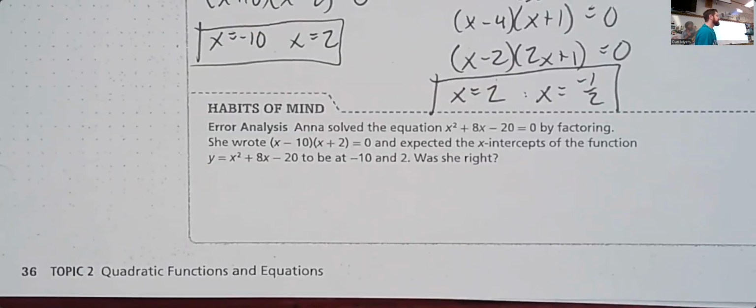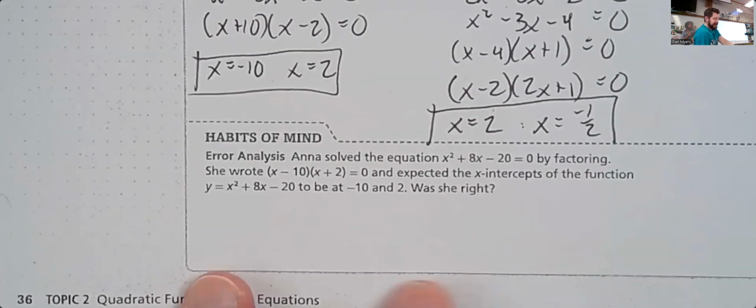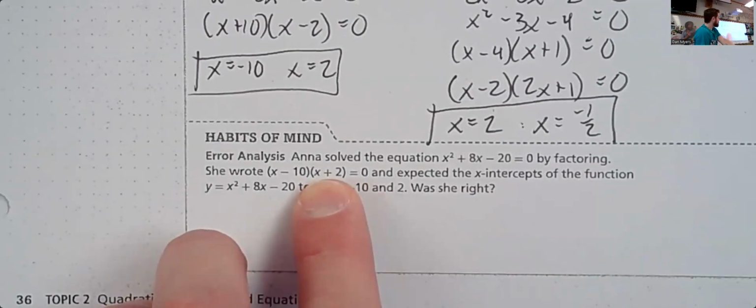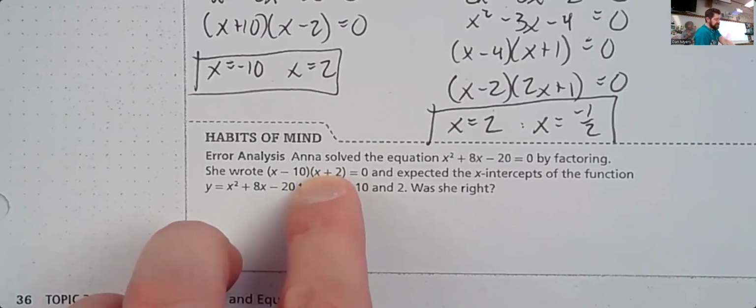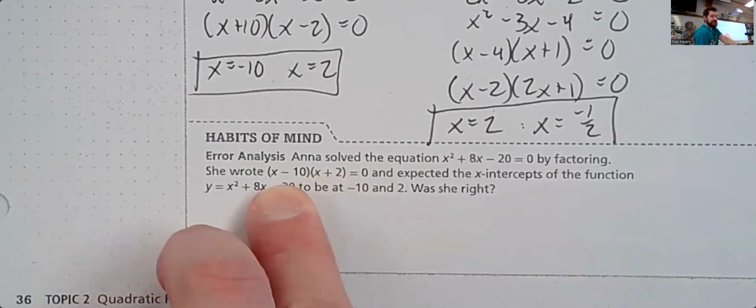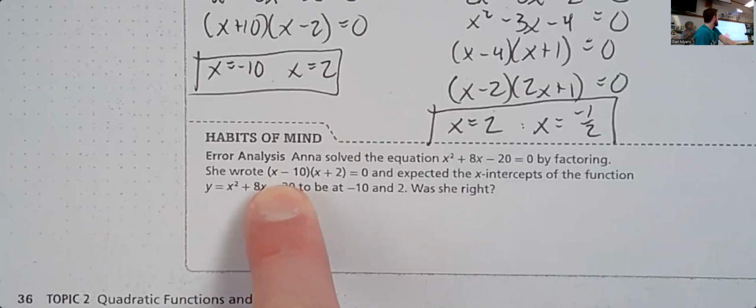Was she right about the zeros? Yeah, she was right about the zeros. What was she wrong about? Yeah, she did not factor it correctly. So sometimes this happens where you stumble upon the correct answer, even though you didn't use the process correctly. If that happens on a test, I would still give you most of the credit because you got the right answer.